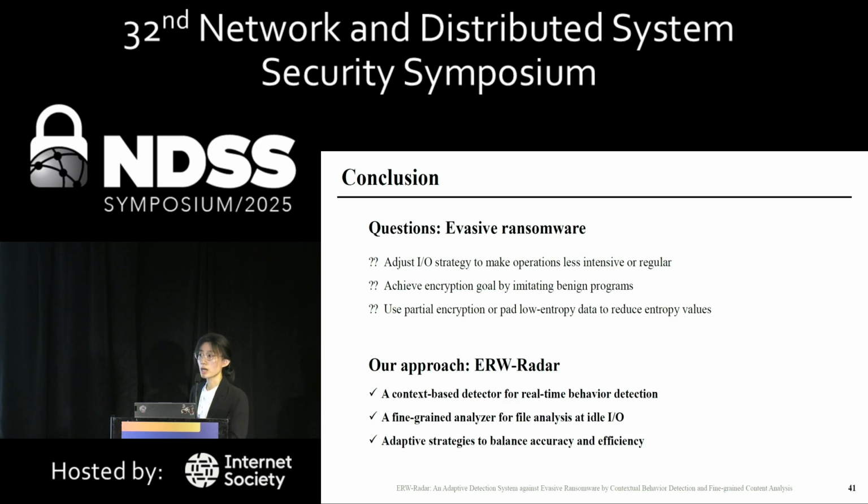In our design, we design behavior detection in an online mode. This means that the context-based behavior detector runs online, so it can monitor the process of ransomware all the time. The content analysis is designed to prevent evasive ransomware that may slow down its attack speed or use some strategies such as imitating benign programs to encrypt files.